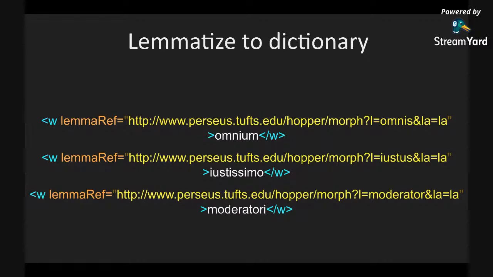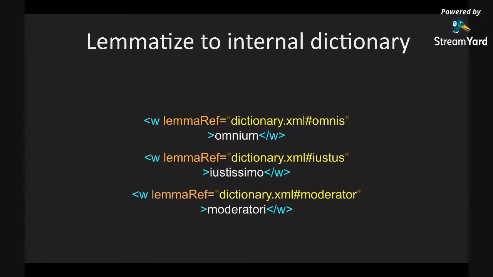So, for example, the Perseus version of the Lewis and Short dictionary is being pointed to here, to point precisely to those headwords. You could also choose to have your own dictionary that either has a smaller vocabulary or a more specific vocabulary to your corpus, and point to them also from lemmaRef, but as an internal link instead.